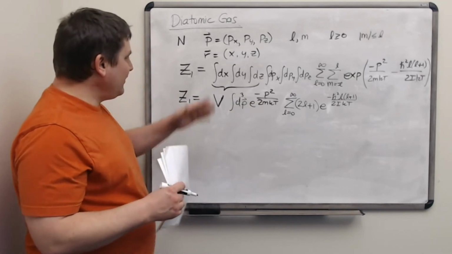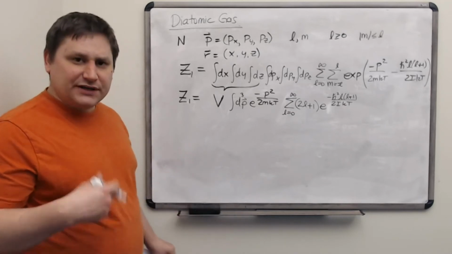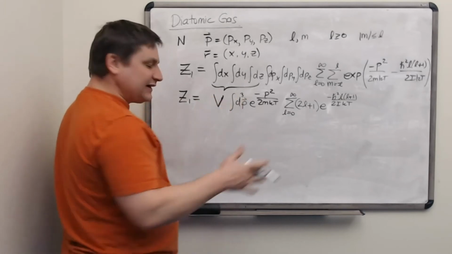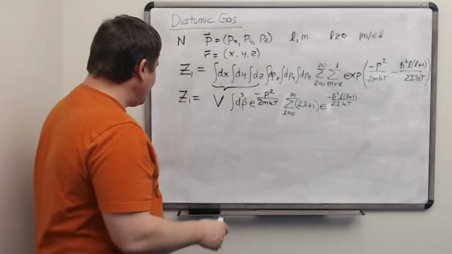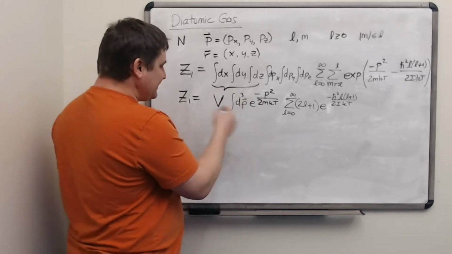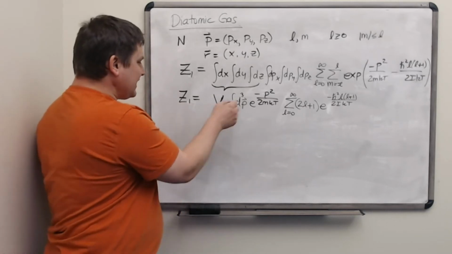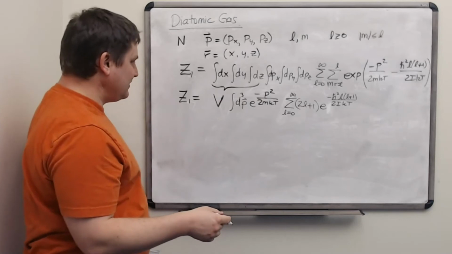Okay, so one thing we have to add in when we use continuous variables, this doesn't affect the thermodynamics so much, but it does influence the units. The partition function is unitless, right? And a volume times a momentum is not.